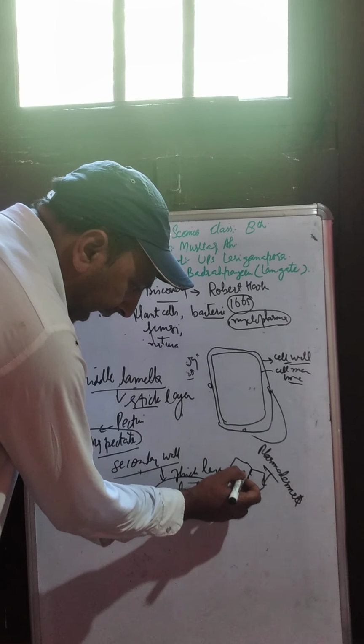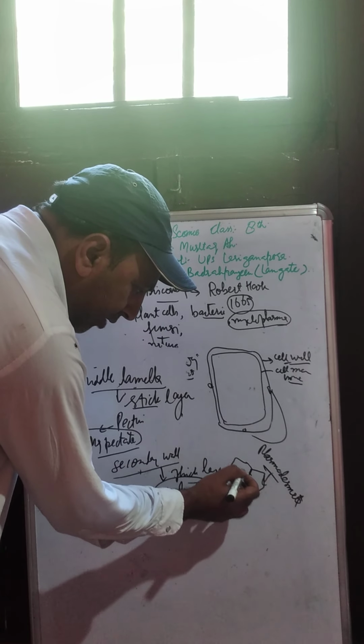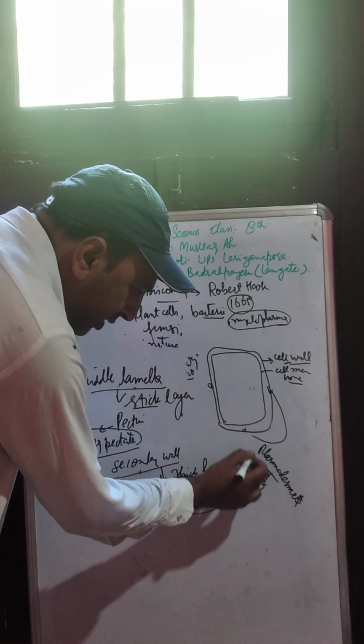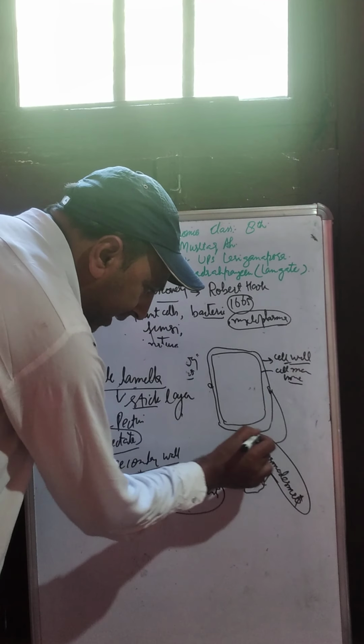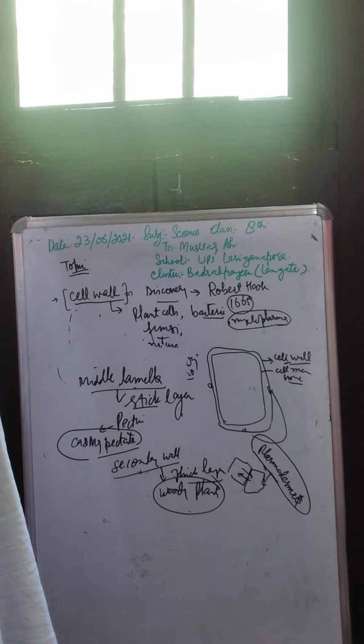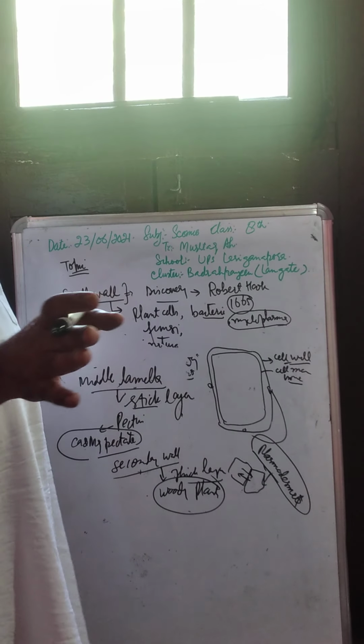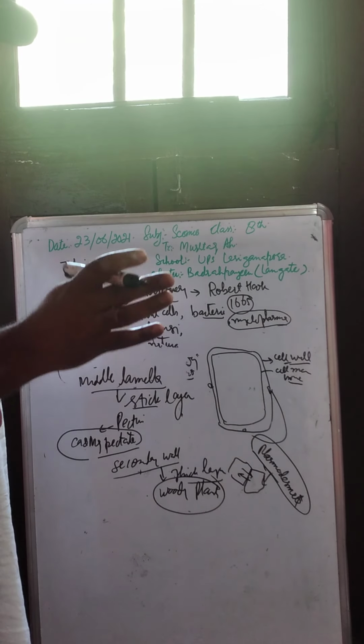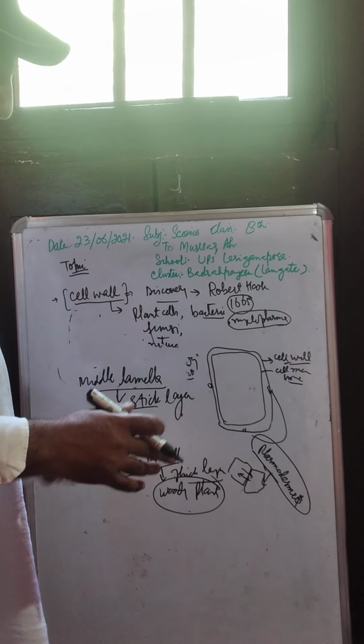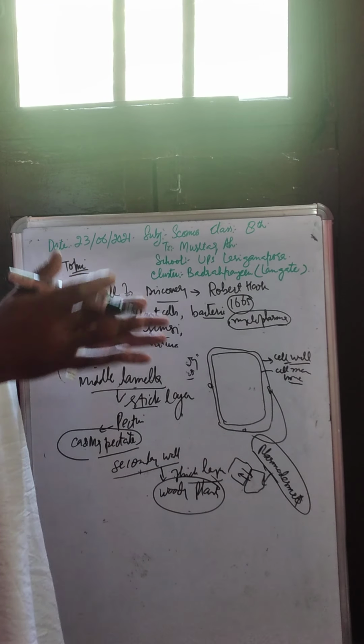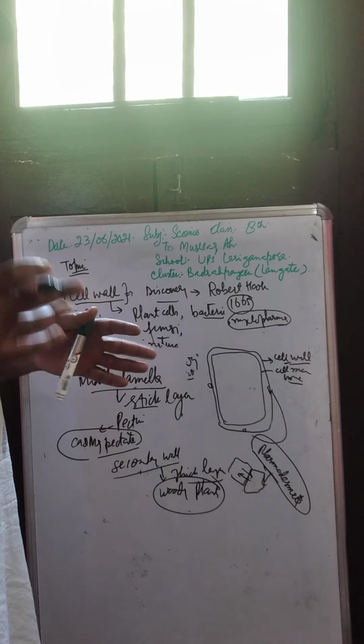Now the exchange of water and nutrients between these cells takes place through these plasmodesmata. So plasmodesmata are nothing but small holes present on the cell wall to ensure the exchange of water and nutrients between the cells.